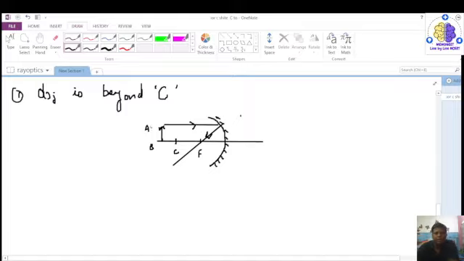Now we have to take another ray. Let that ray be a ray which is incident at the pole, right? So the light ray will get reflected at the same angle.